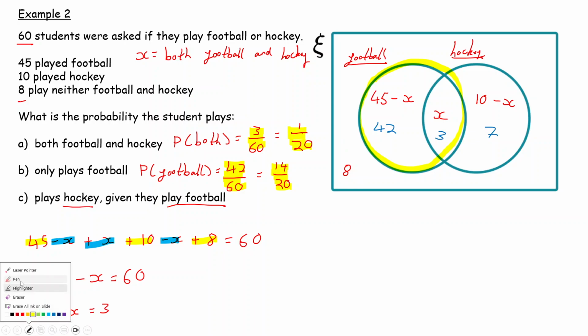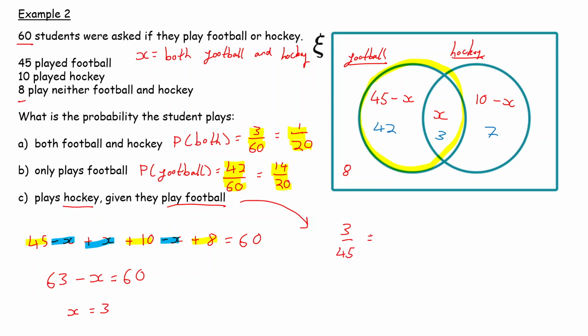Okay, so if we're going to draw this one down here, it's going to be equal to 3 because we're looking at play hockey. So again, right, 42 is just football. 3 could be both. So it's going to be 3 out of your total, which is not 60. It's going to be 42 add 3, which is equal to 45. Okay. And again, you could simplify, you could divide by 3 to give you 1 over 15.